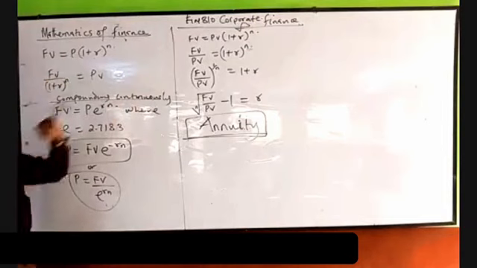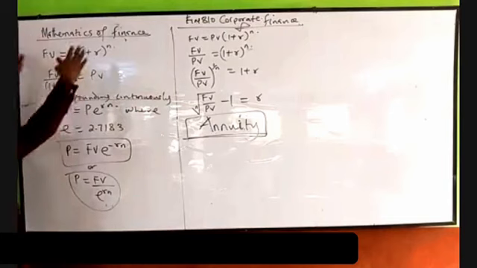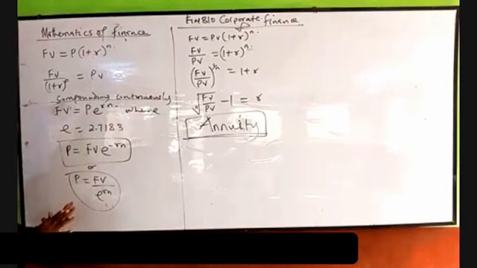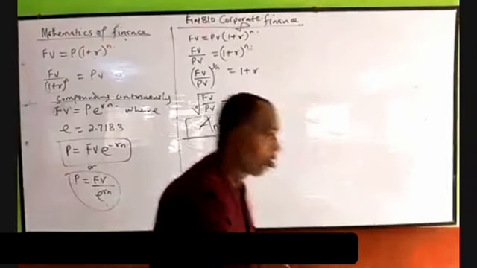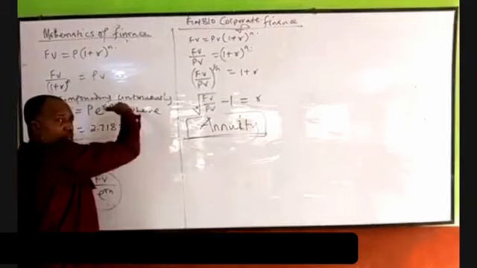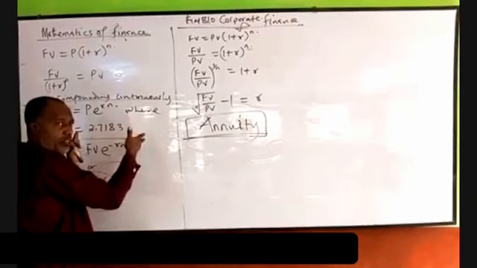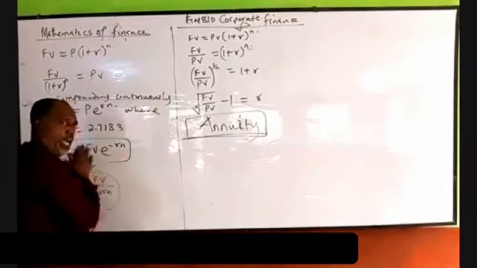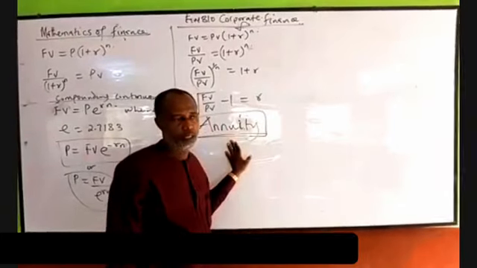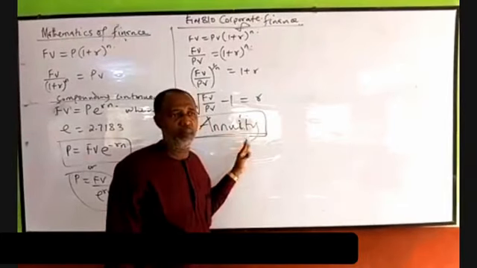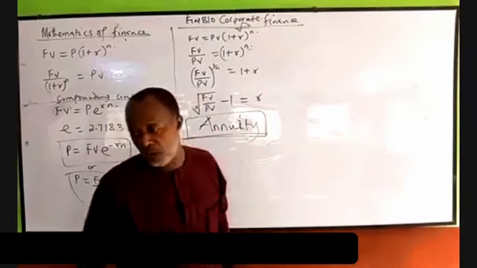This formula will work. All these are just single amounts of money. The money is not paid twice, but in case it's going to be paid several times, it may not be equal. The money can be scattered, 1,000, 2,000, 4,000. But when they are equal, it means what? So it's still the same mathematics of finance we are on.